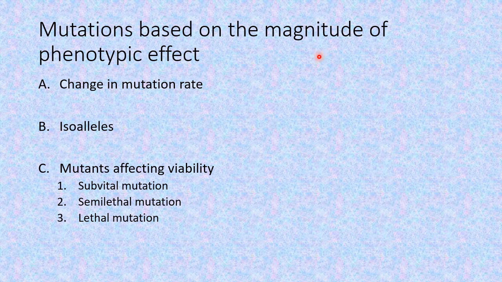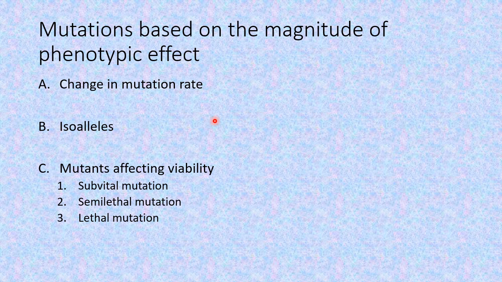These mutations may lead to the formation of isoalleles. Now, isoalleles produce identical phenotypes when present in homozygous or heterozygous combination with one another. That is, one allele mutates to form another allele.